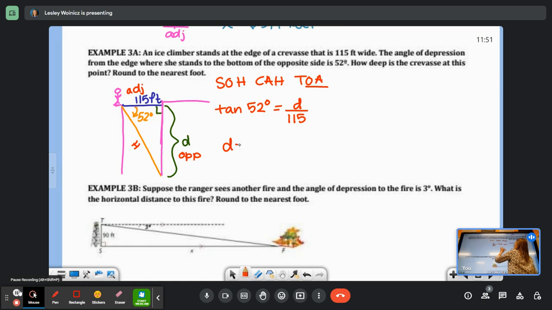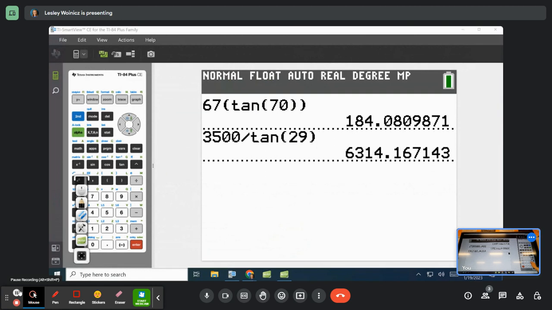So D equals 115 times the tangent of 52 degrees. We can put that in the calculator. 115 times the tangent of 52, right? I can't look at my paper at the same time, and my short-term memory sucks.